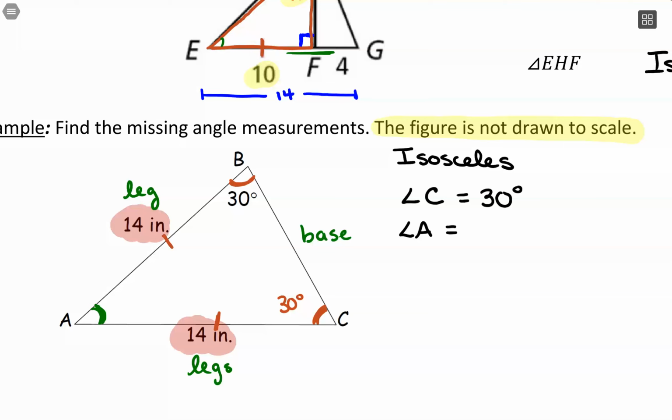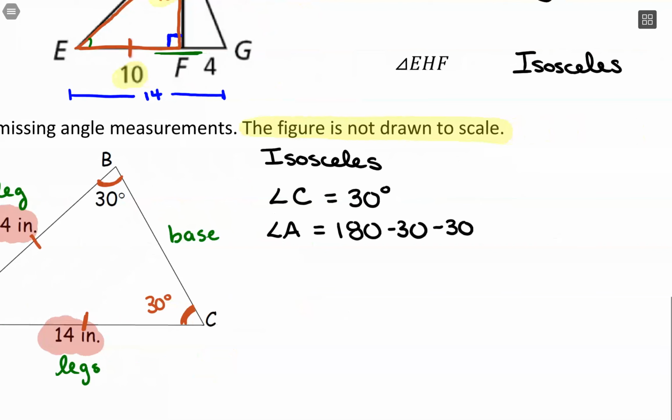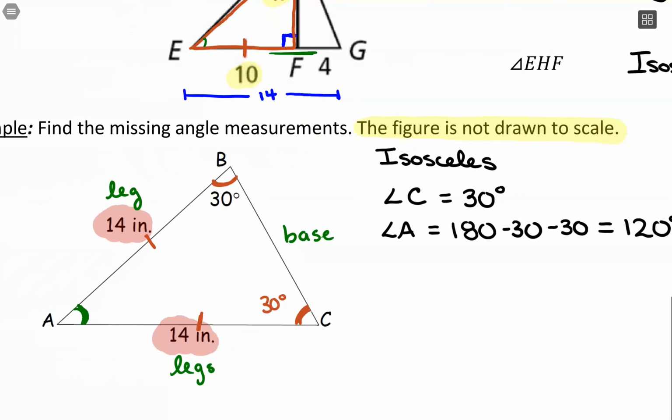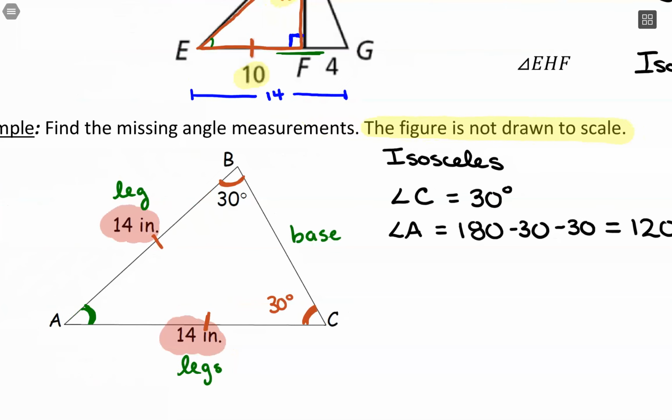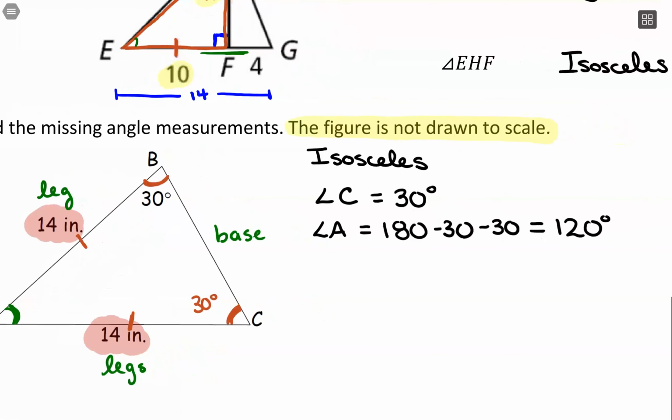So I'm going to solve for angle A by taking my total 180 degrees, taking out the 30 from angle B and the 30 from angle C, and seeing what's left over. Angle A comes out to 120 degrees, which is an obtuse angle, definitely not what's being shown there at angle A. That's a very acute angle. So here's a more accurate picture, with angle A being obtuse and the same side lengths.